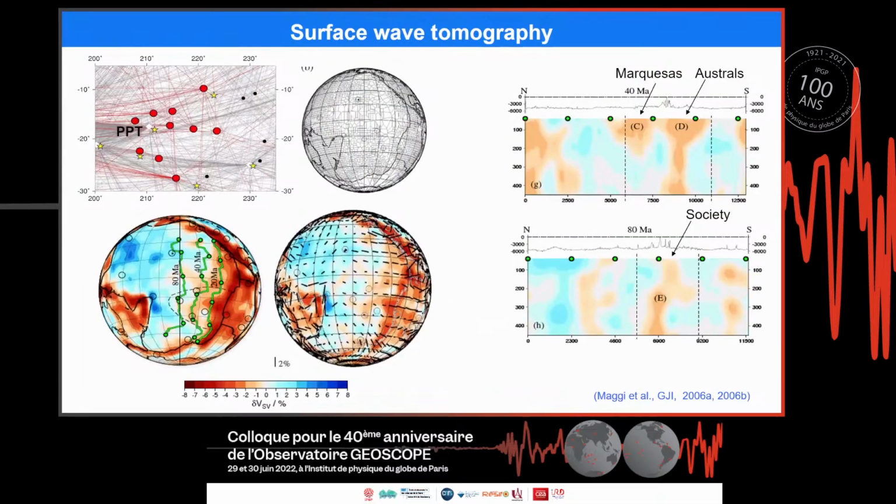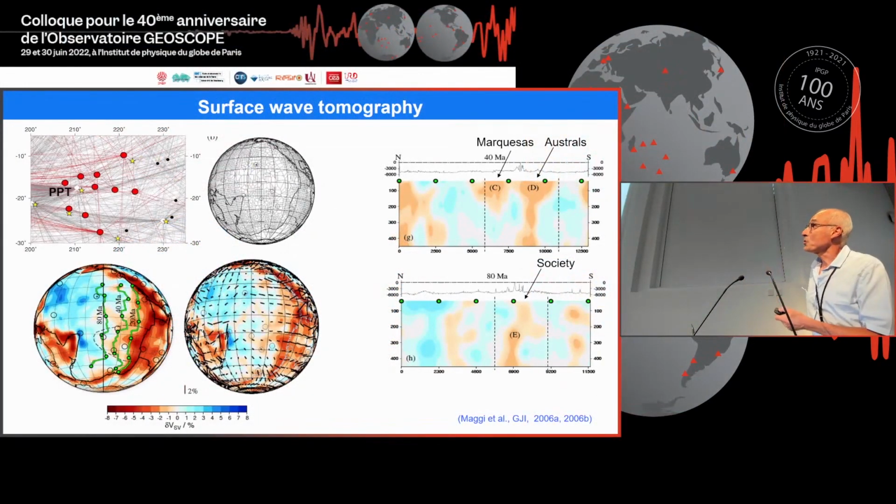One of the first results we obtained was published by Alessia Maggi, who's here. Including the 10 broadband stations in the Southern Pacific, where there were very few stations, strongly improves the resolution, particularly in surface wave tomography. It can be seen in the size of the Voronoi cells that correspond more or less to the resolution of the model.